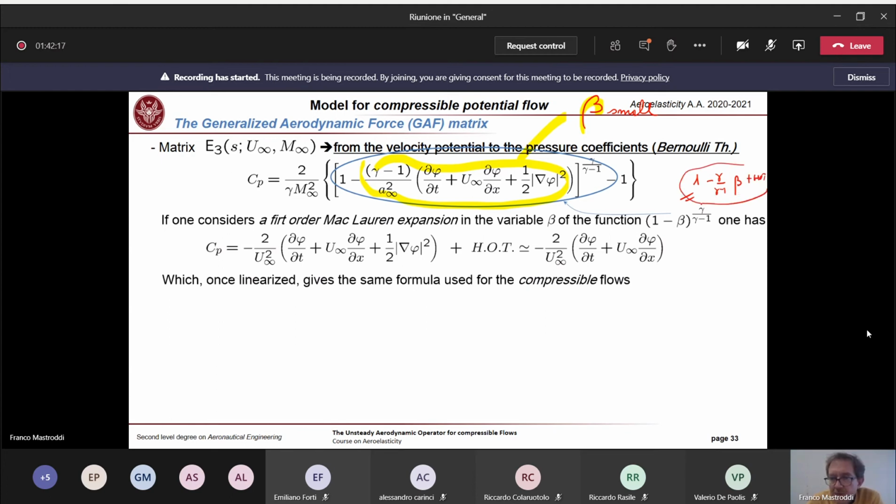If you expand this in this way and put it inside here, you have this.